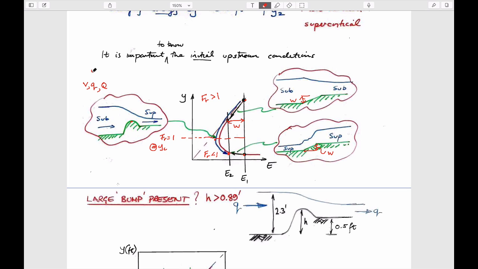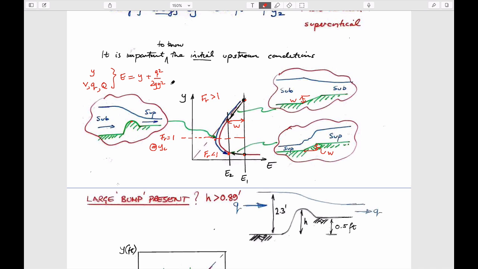If upstream you have a y, then those both give you the ability to calculate E equal to y plus Q squared over 2g y squared.